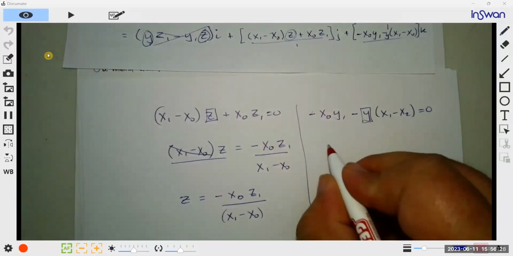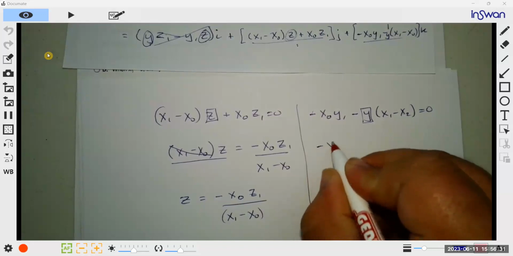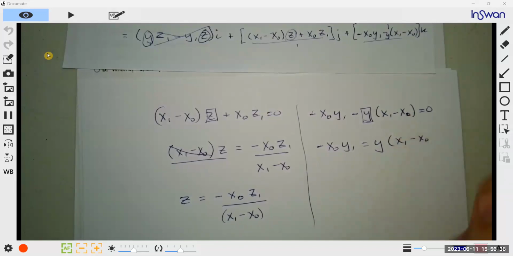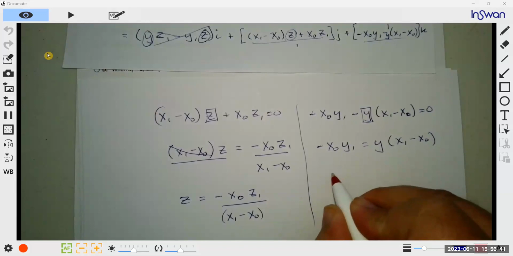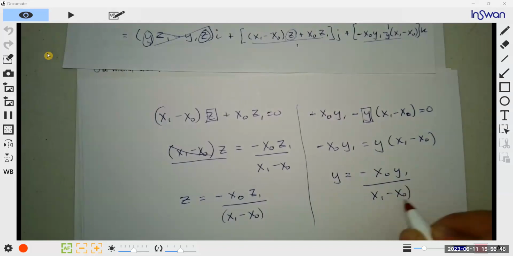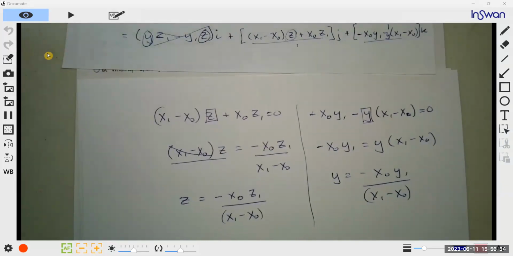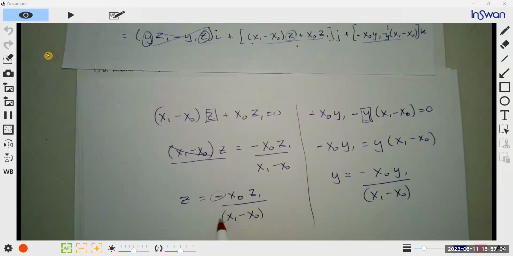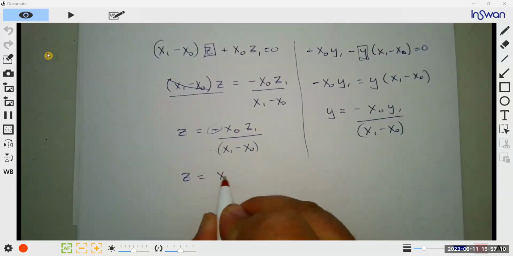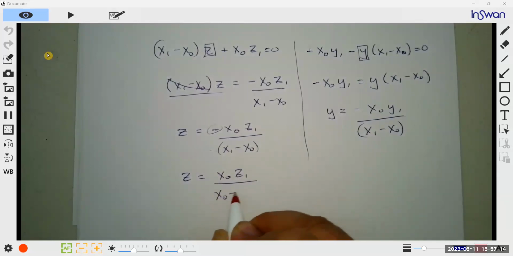We can get rid of the negatives by changing the signs, so it's x0 minus x1.